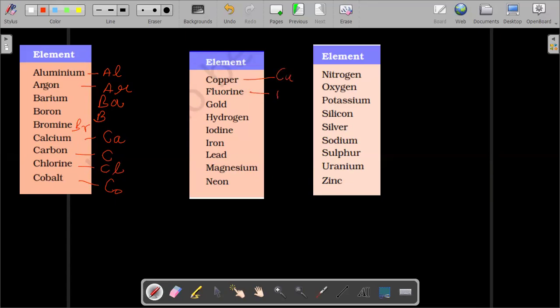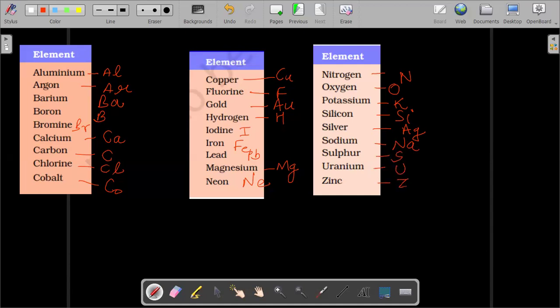Fluorine is F, gold is Au, hydrogen is H, iodine is I, iron is Fe, lead is Pb, magnesium Mg, neon Ne, nitrogen N, oxygen O, potassium K, silicon Si, silver Ag, sodium Na, sulfur S, uranium U, zinc Zn.